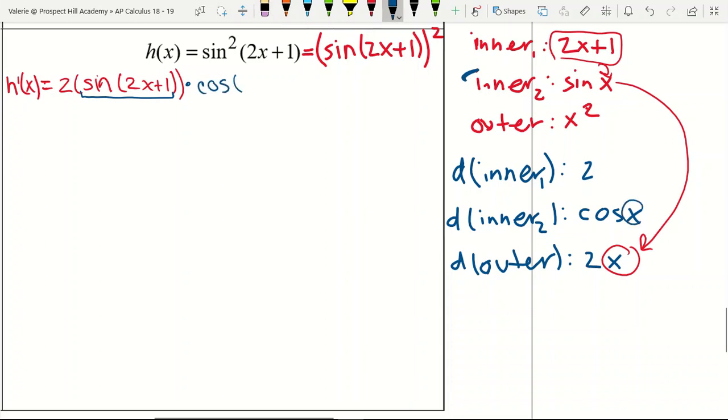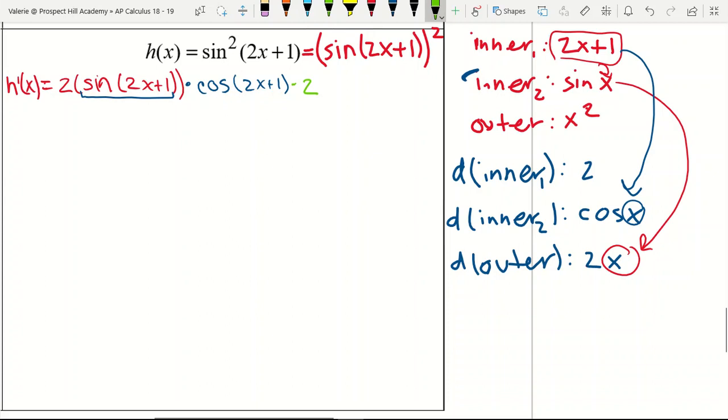And instead of x, we're going to put in our first inner function. So cosine of 2x plus 1. And then finally, we can put in the derivative of our most inner function, which was 2.